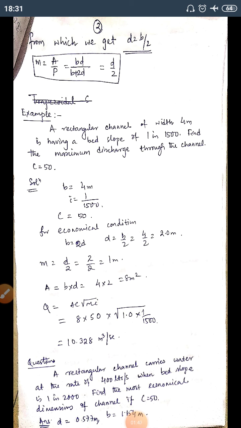to be most economical. Let us see an example. A rectangular channel of width 4 meter is having a bed slope of 1 in 1500. Find the maximum discharge through the channel if C is equal to 50. Given conditions are B is equal to 4 meter, i is equal to 1 by 1500, C is equal to 50.